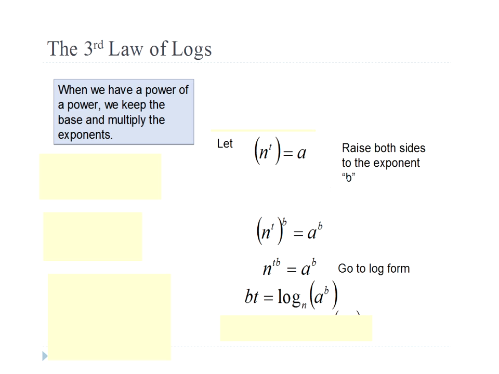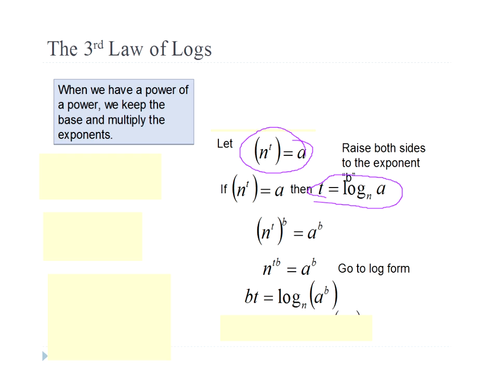Well, if I go back up to this expression, I can solve this for t, and I see that t equals log to base n of a. And so I can plug that right back in there. And so what I get is log to base n of a to the b equals b times log to base n of a.